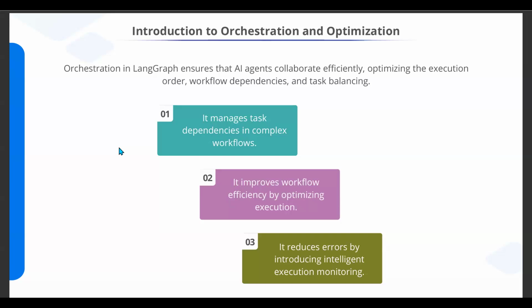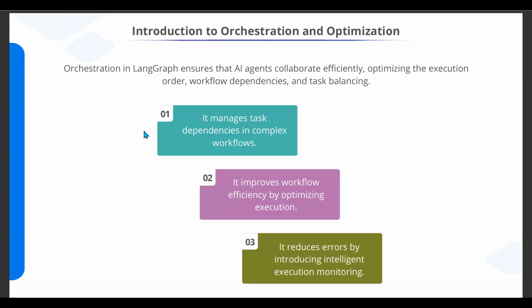For example, extract the order ID, fetch order details, check delivery status, and generate response. If these are the 4 steps, they have to be orchestrated stepwise so that it manages the dependencies in the complex workflow.